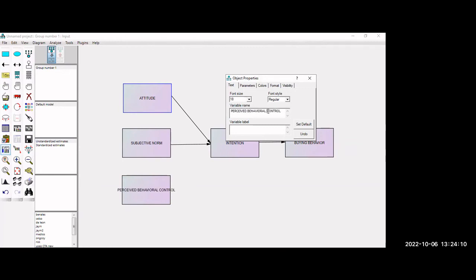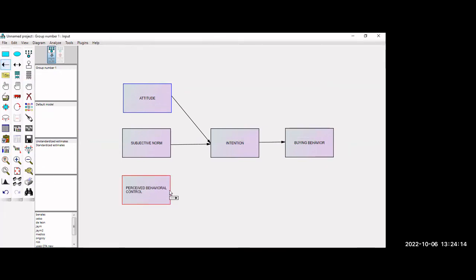That is according to Ajzen, these will be the global constructs that can influence intention. And according to him, it is only the perceived behavioral control that most likely has a direct effect on the behavior. So this is our model. If that is really the behavior that we wanted to explain, we can utilize this model.